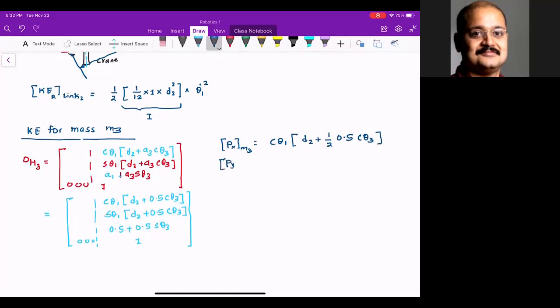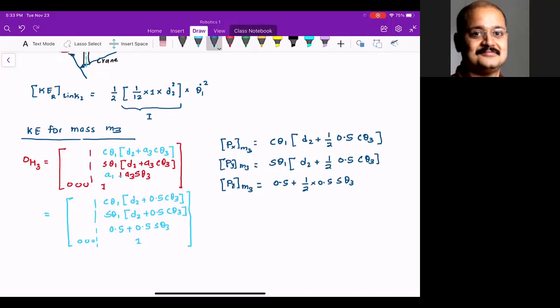Py of M3 is equal to sine theta 1, D2 plus 1/2, 0.5 cosine theta 3. And Pz would be 0.5 plus 1/2, 0.5 sine theta 3.